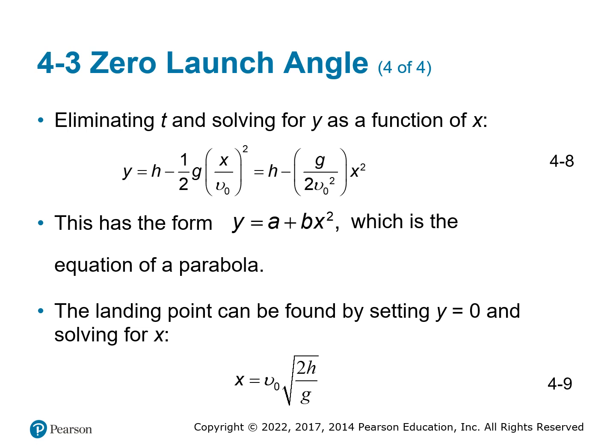Okay, so if you eliminate time and you want to find height as a function of x, I know I said that finding x and y components together is not super common, but in this case, for zero launch angle, it is.